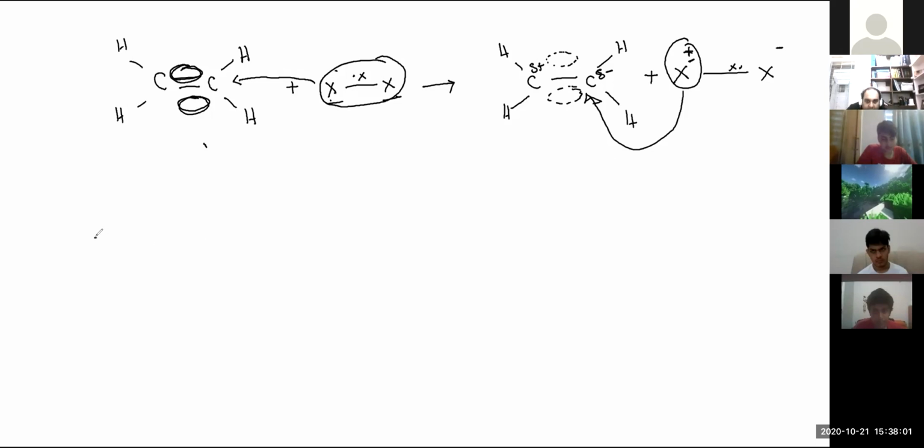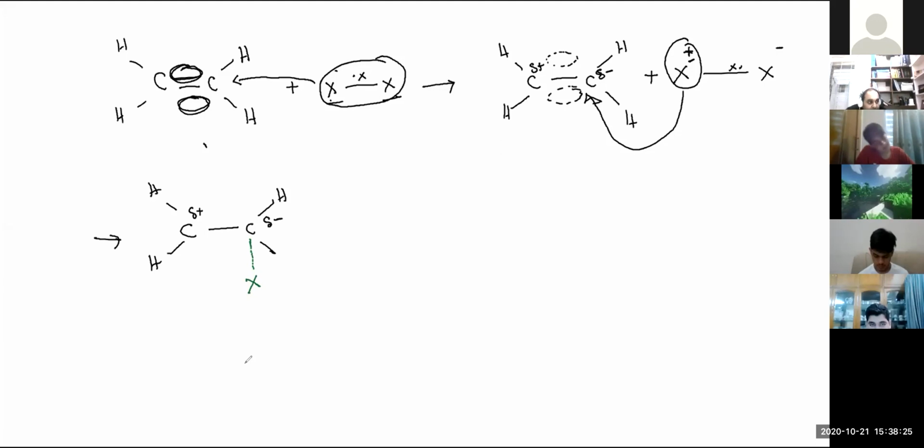The next step, what happens? The carbon which was negatively charged has a new member, right? It has a new member. So what is this member? An electrophile or a nucleophile? Electrophile.